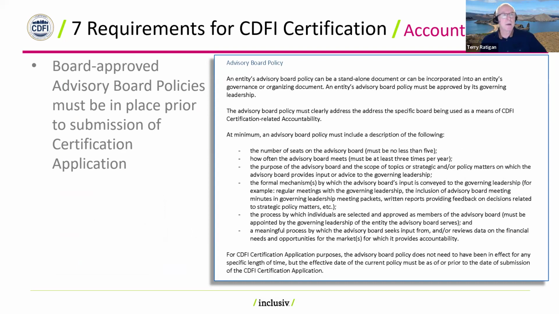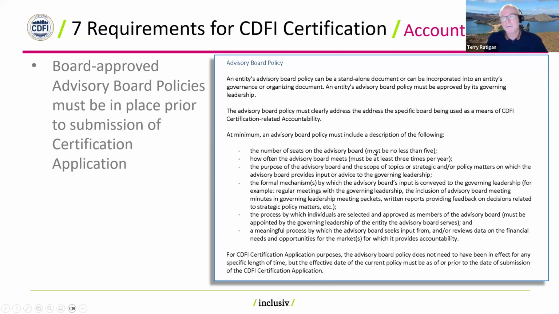These policies, by the way, do not have to be in place 6 months before you submit your application, but nevertheless, I would recommend that you do it as early as possible.